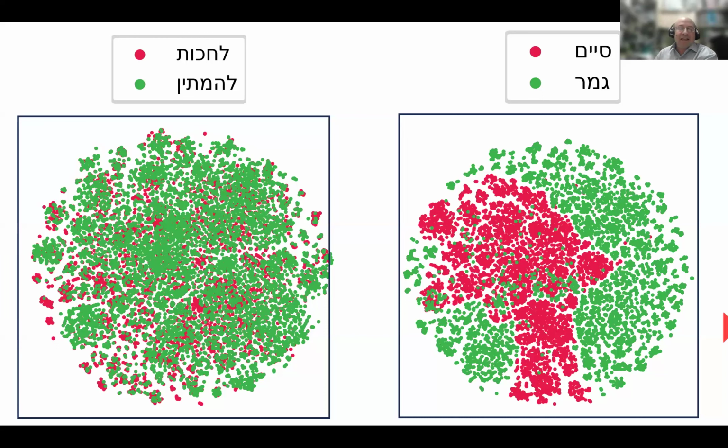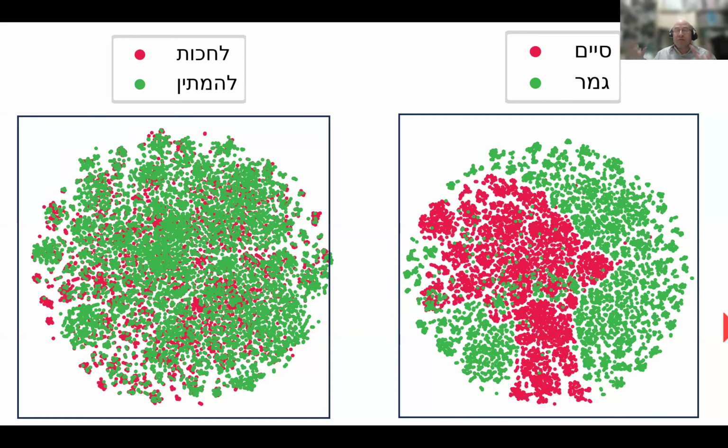In each graph, I'm taking 10,000 sentences of each of two words. So on the left, I take 10,000 instances of lechakot, 10,000 of lehamtin, and I'm coloring them based on the word. So there are 10,000 green dots corresponding to the 10,000 sentences of lehamtin that I took, and 10,000 red for the 10,000 sentences of lechakot.